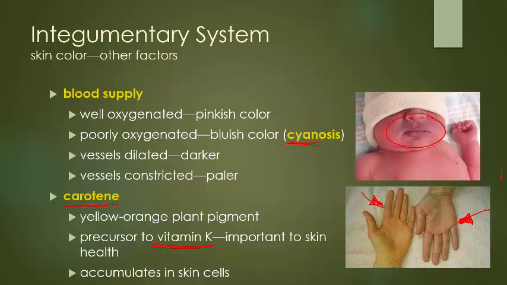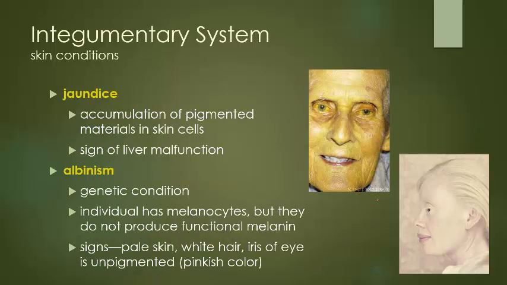And then there are some conditions that can also affect skin color. Jaundice is a condition that is characterized by liver malfunction. As the liver stops functioning well, it can't break down the components of red blood cells very easily, and so bilirubin begins to accumulate. It also happens in little babies.